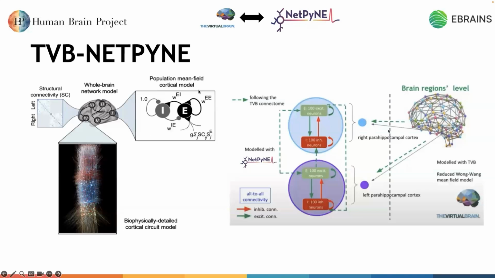We are working on first examples, but we haven't yet published anything on TVB-NetPyNE. But in any case, what is important here is that we can have a model that goes from the whole brain down to multi-compartmental neurons.